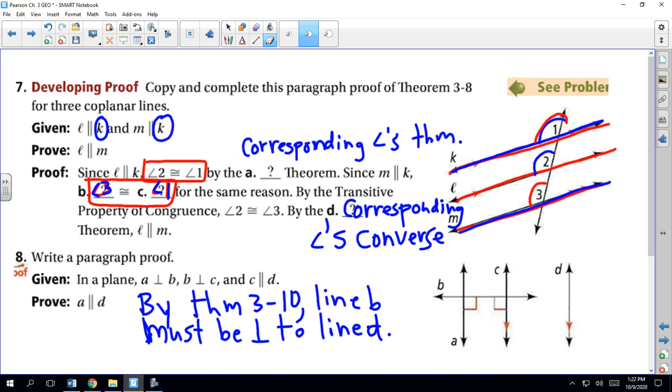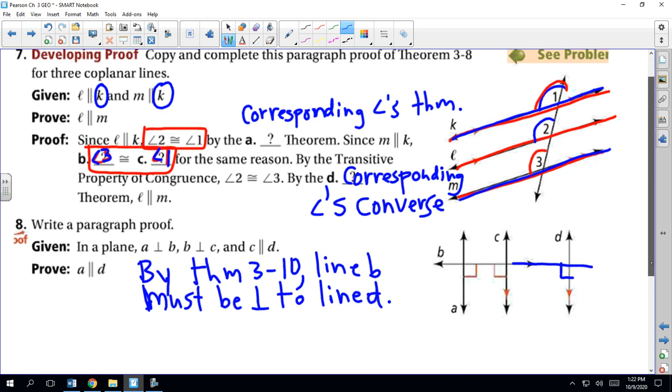Let's draw this in. So basically A is perpendicular to B, C is perpendicular to B, and also D is perpendicular to B.